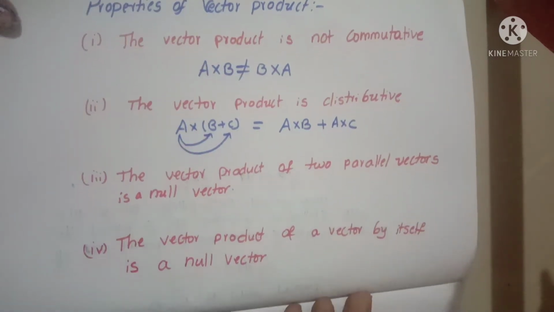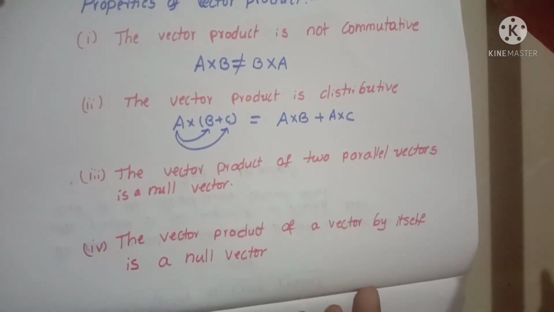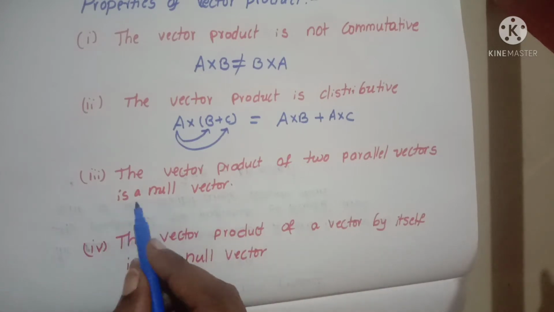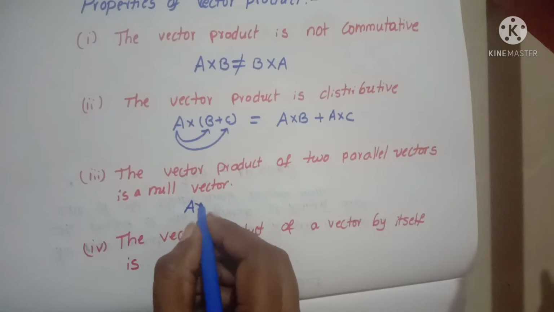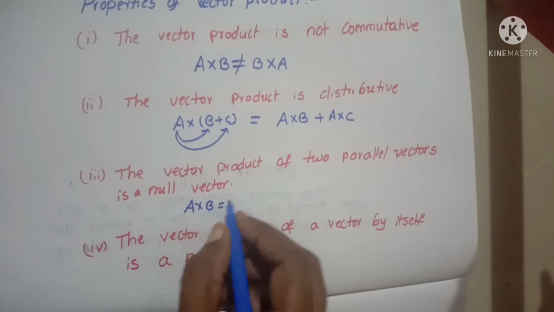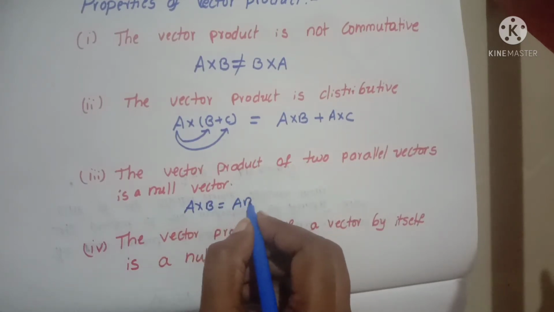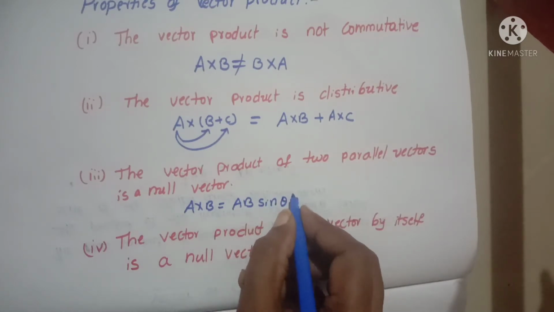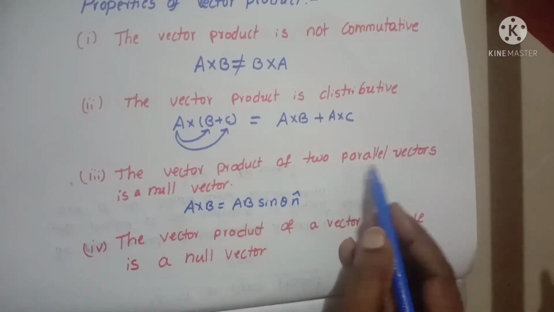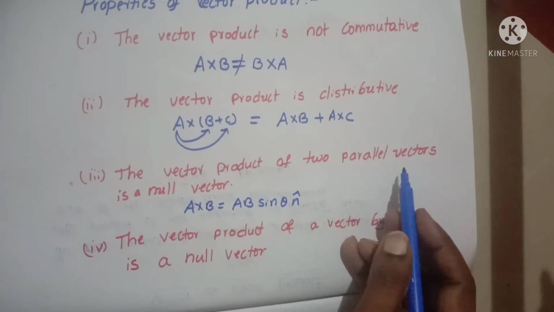Next one, the vector product of two parallel vectors is a null vector. Suppose we take a bar cross b bar equals AB sine theta n cap. Parallel vectors means the angle will be 0.